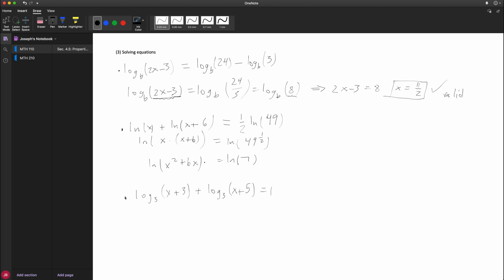Okay, well that tells me then that x squared plus 6x has to equal 7. And the way we solve quadratics is we move everything to one side and factor if possible. So I think I get x plus 7 times x minus 1.